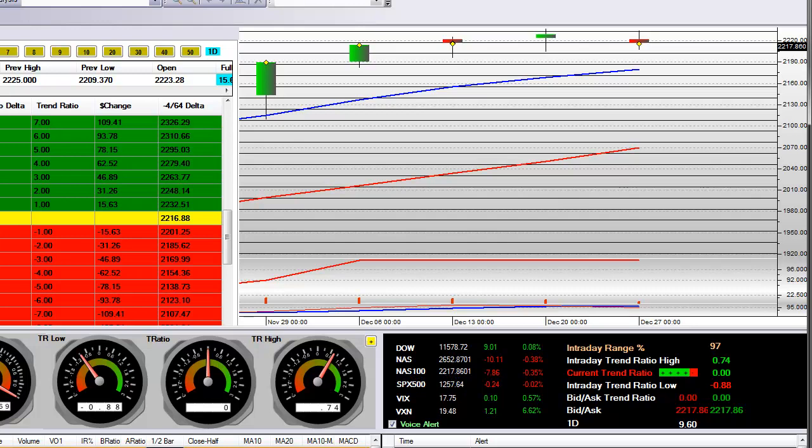2217.86. So if we go up 1 delta, resistance would be 2233. 2 deltas is going to be 2249. 3 deltas for Monday is 2264 on the upper end. 4 deltas at 2280. 5 deltas at 2296 MMTs.